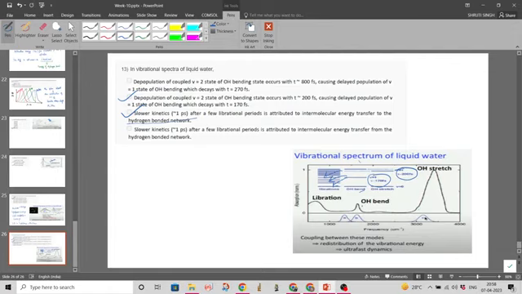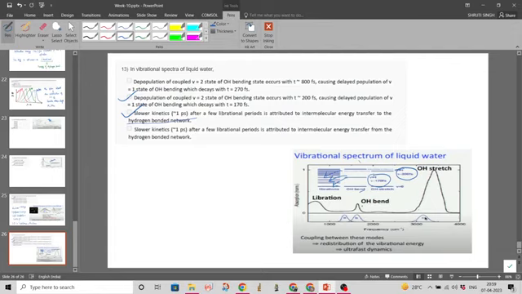So the coupling between all these three modes happens, and there is a redistribution in the vibrational energy, and these time scales are in the ultrafast regime. To answer this question, it is option B and C, as you can see from this diagram itself: V equals 2, tau is 200 femtoseconds of the stretching mode, and then it is coupled with V equals 1 of the bending mode, which decays with 170 femtoseconds.